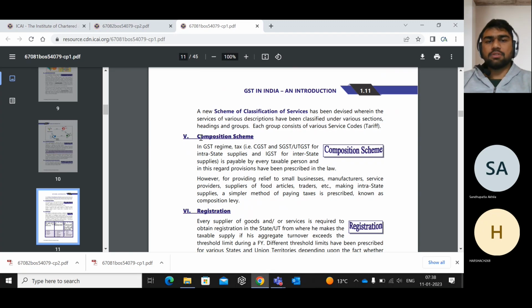So they applied to the council for stepping into the composition scheme, and now the composition scheme is available for service providers also.